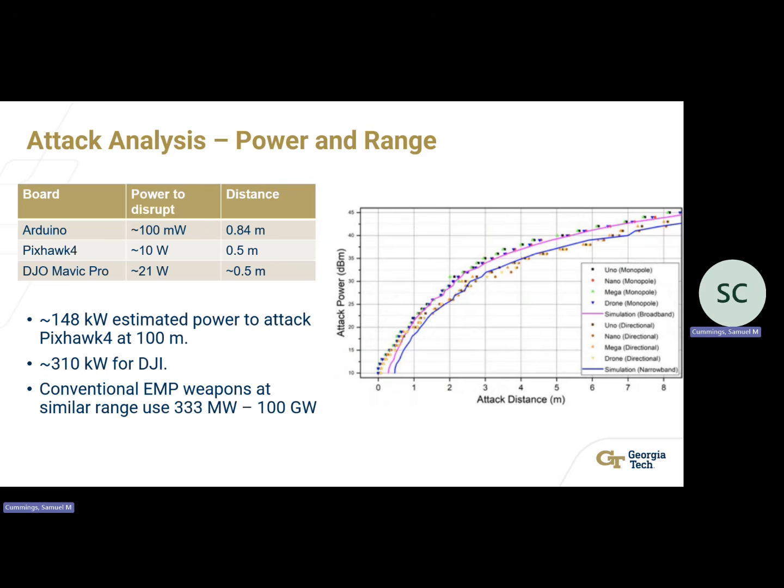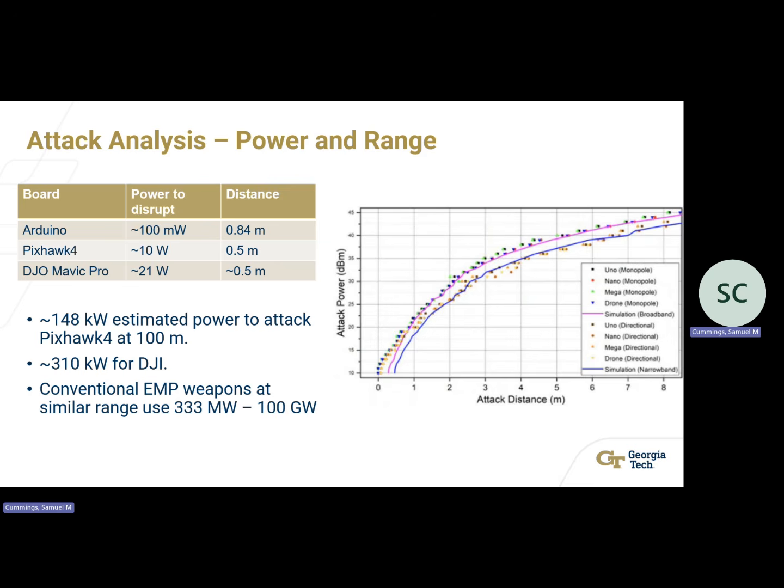And the Mavic Pro, you need 21 watts at roughly 5.5 meters. And so it's estimated to require about 148 kilowatts of power at a distance of 100 meters, and then roughly 310 kilowatts for that same distance for DJI.